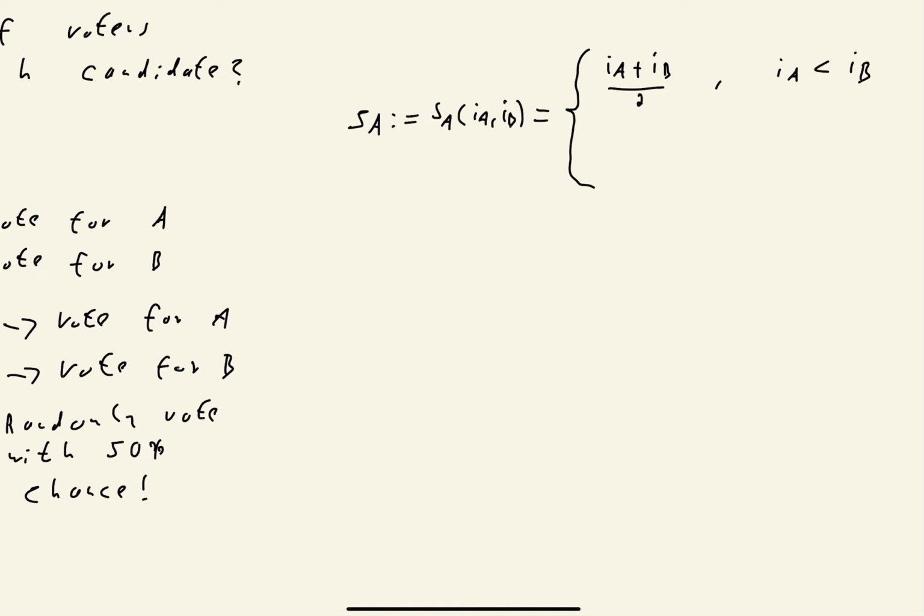Okay, so everybody to the left of the middle point between the chosen ideologies of A and B is voting for candidate A. It's 1/2 if IA is equal to IB, and it's 1 minus (IA plus IB) divided by 2 if IA is strictly larger than IB.